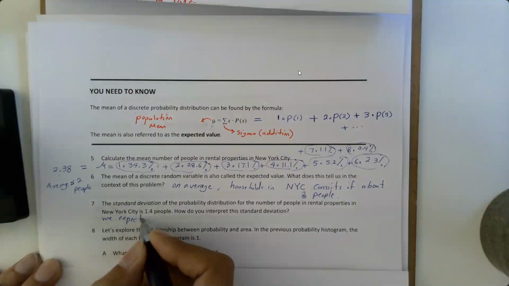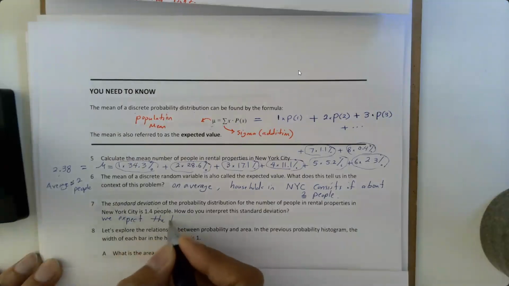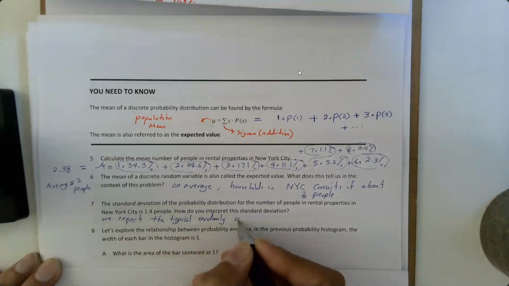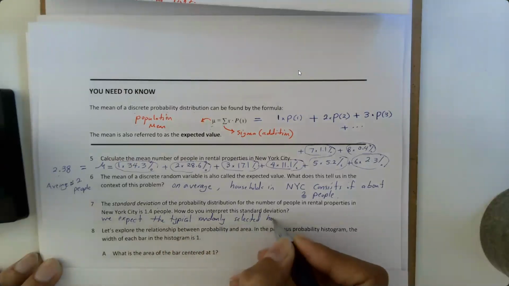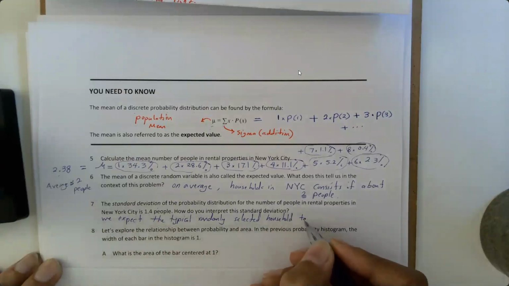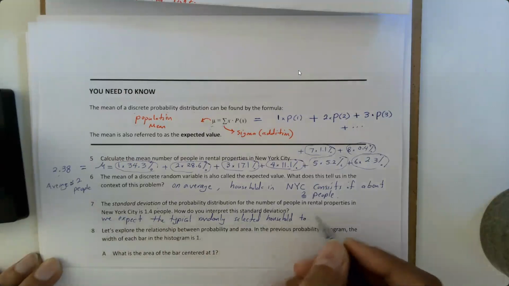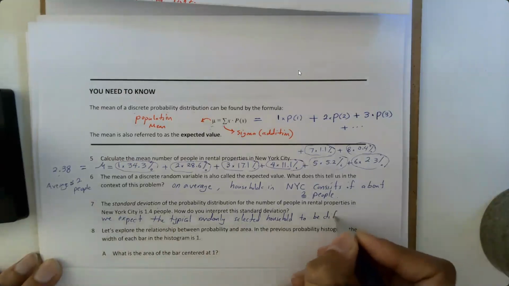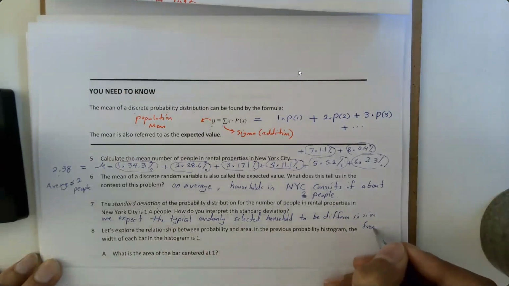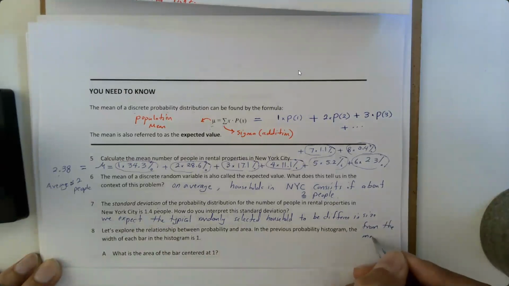So the answer to this question can be, we expect that the typical randomly selected household to be different in size from the mean by about 1.4 people.